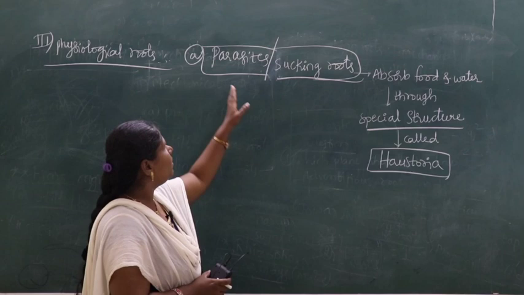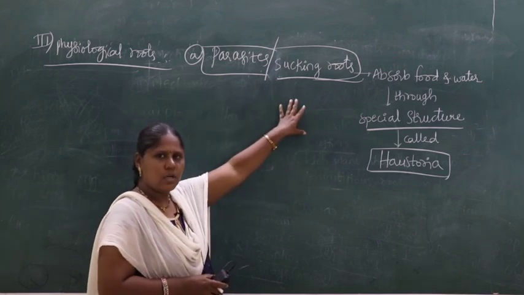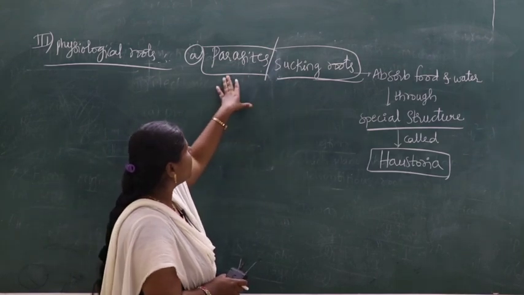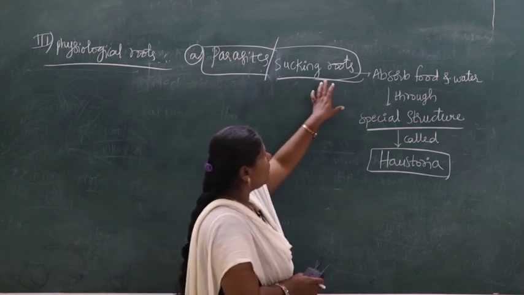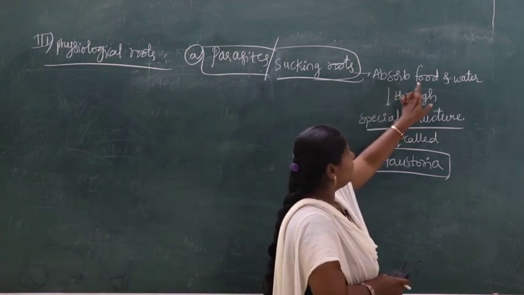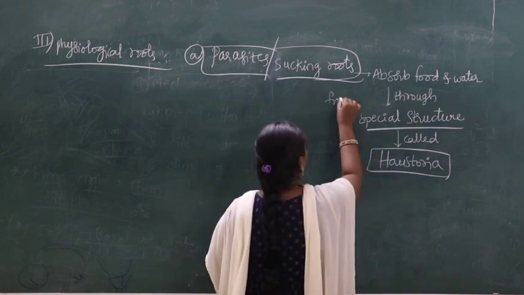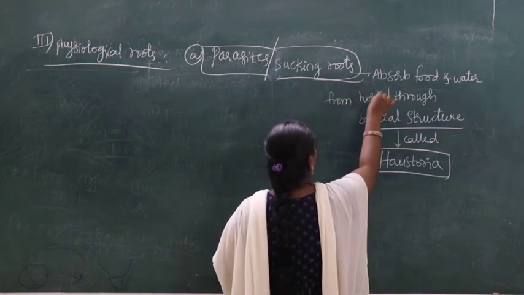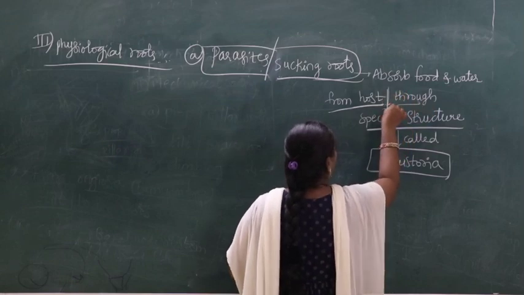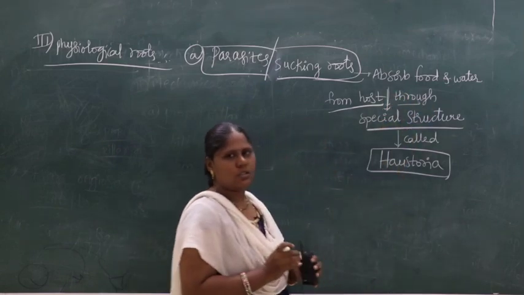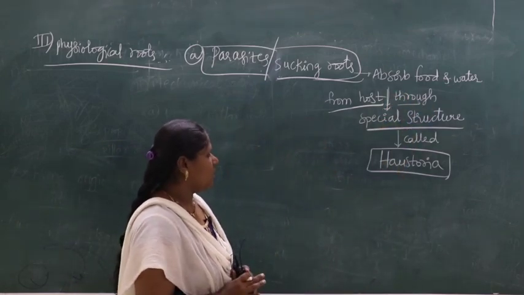I repeat again: parasites are also called sucking roots. Why are they called sucking roots? These roots absorb food and water from the host, through a special structure called haustoria. What is the meaning of this?